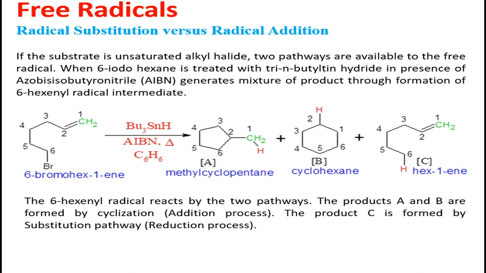The two products A and B are formed by cyclization, that is the addition pathway, and product C is a substitution reaction, formed by the substitution pathway or reduction pathway. Now we study the mechanism of this reaction, how these three products are formed through the formation of the 6-hexenyl radical intermediate. For this, we go to the next slide.